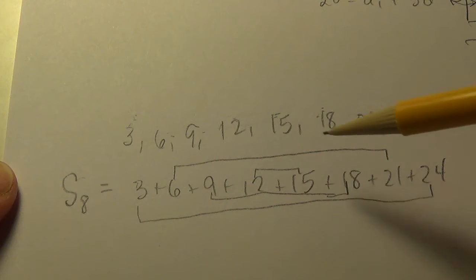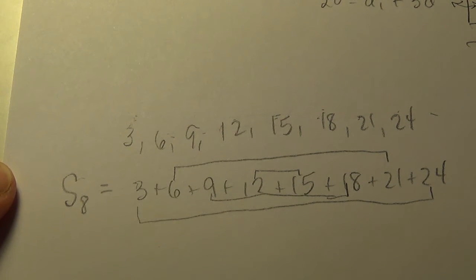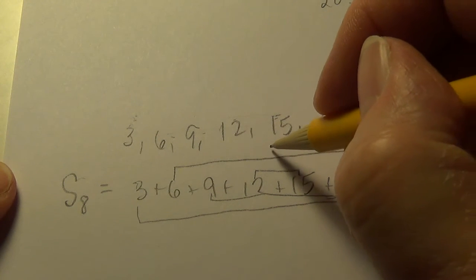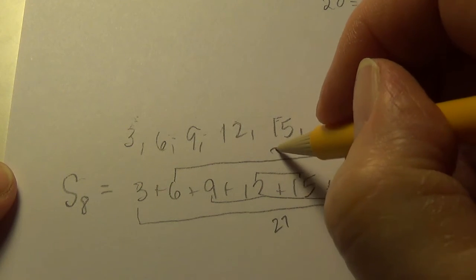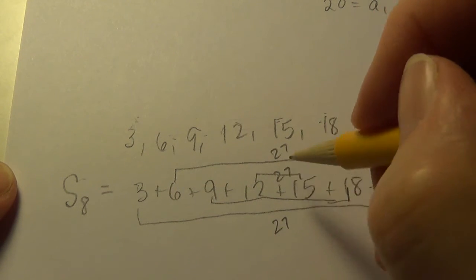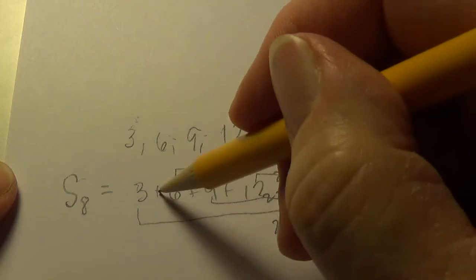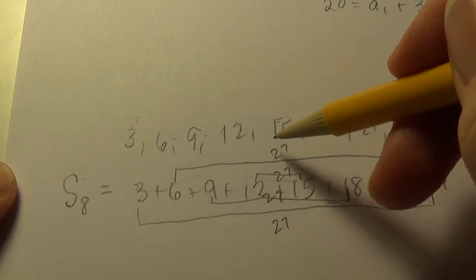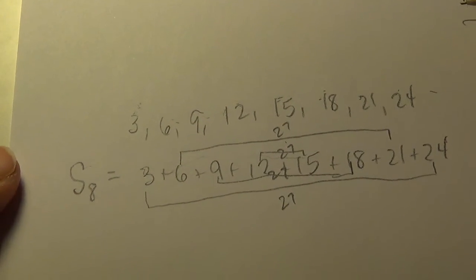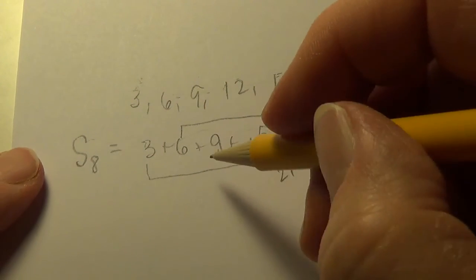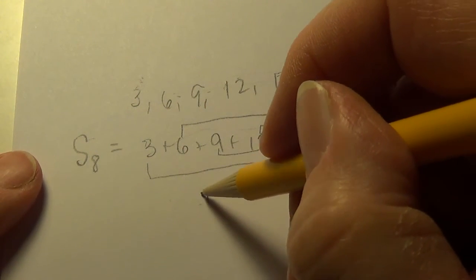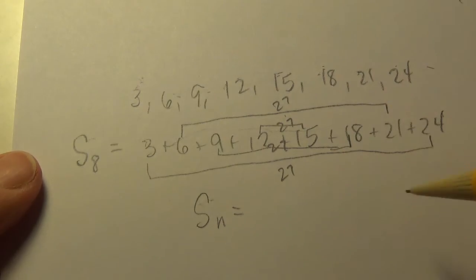Alright, notice each of the pairs that I've indicated add up to 27. So I have 27, 27, 27, and 27. So there are 8 terms, and I end up with 27 4 times. So could the formula for the sum of n terms be, let's take the first term and the last.